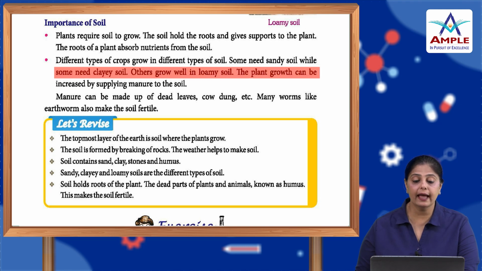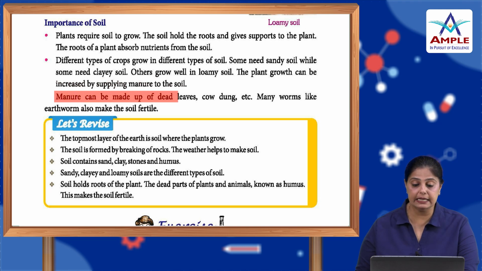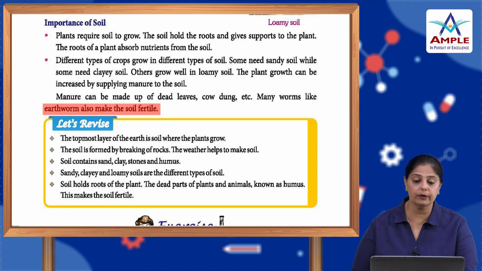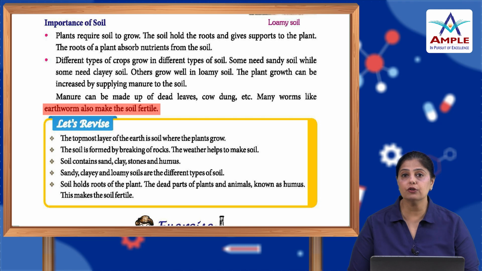The plant growth can be increased by supplying manure to the soil. Manure can be made up of dead leaves, cow dung, etc. Many worms like earthworms also make the soil fertile. So, why do you need soil?